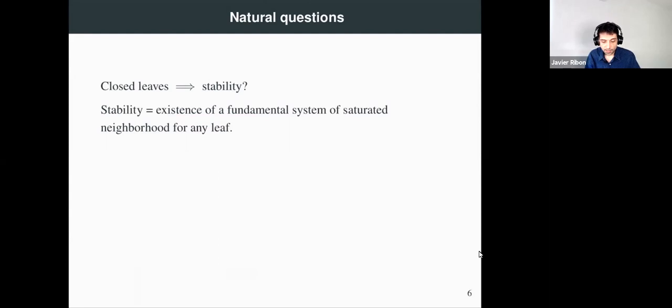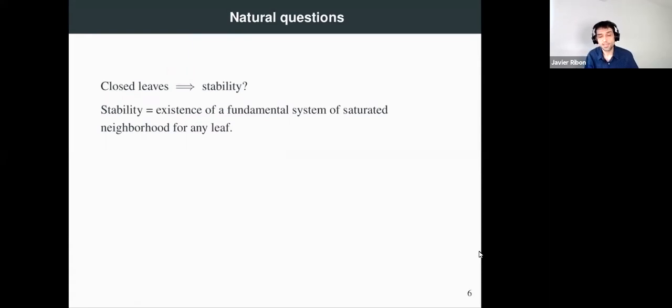And it's clear that if you have stability, at least when we are working in a neighborhood of a compact leaf, this implies that all the leaves in the neighborhood are closed because they are all compact.